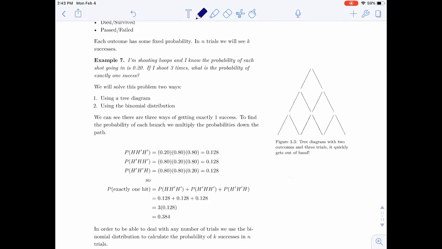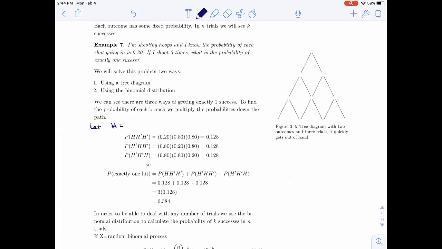So if I say, I guess I've let H be getting it in, I don't know. Making the shot. I think I was thinking of hit.